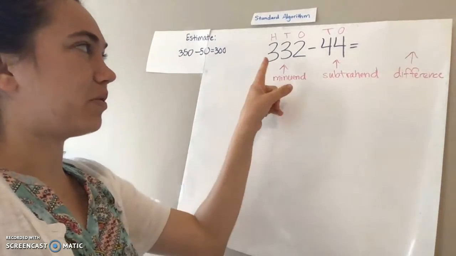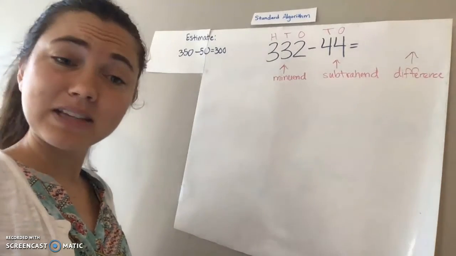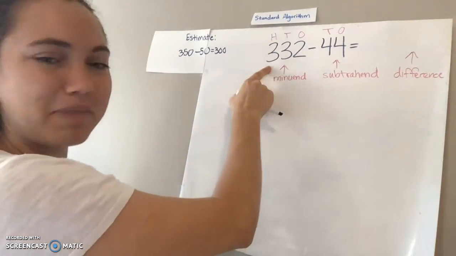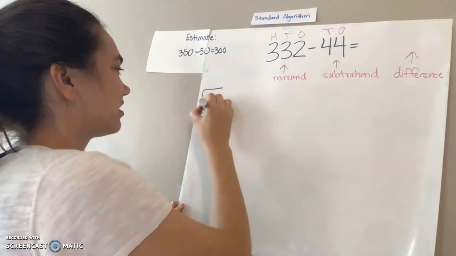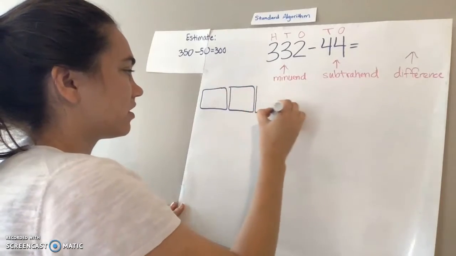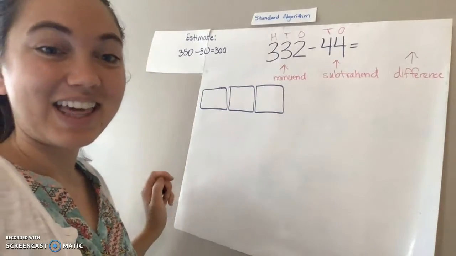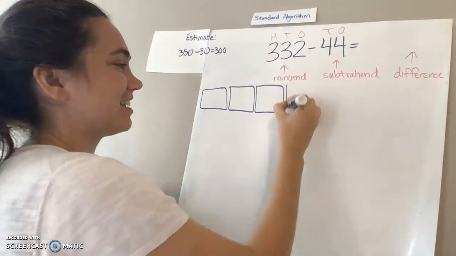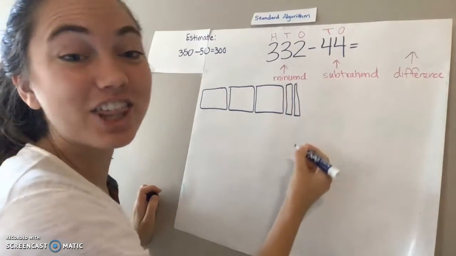Okay, so let's break down these large numbers. One strategy could be using the base 10 blocks. Let's see, how many hundreds will I use? 3. How many tens are in my minuend? 3 tens, which represents a value of 30.